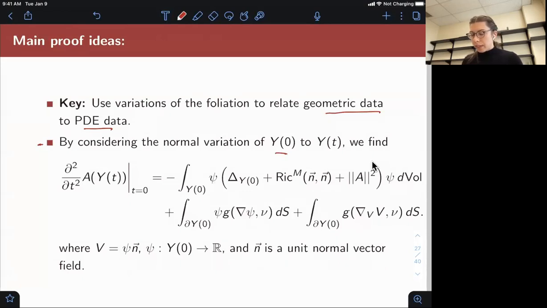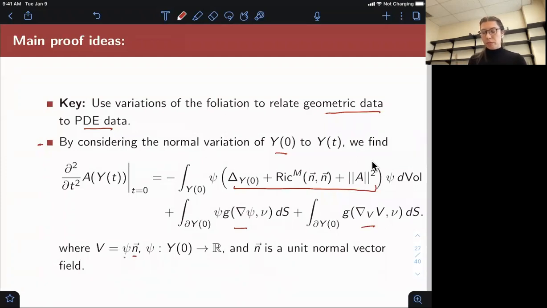And when I do so, what I end up identifying is this quantity to the right. Here, what sits in this component is called the stability operator on this particular surface, and then some boundary data information. Here, N is the normal vector field on this surface, Y0.